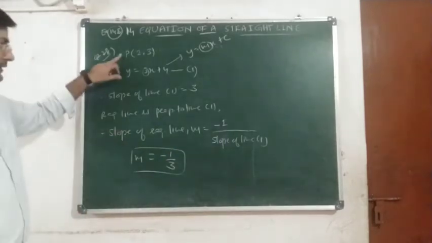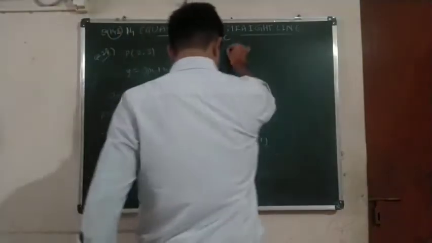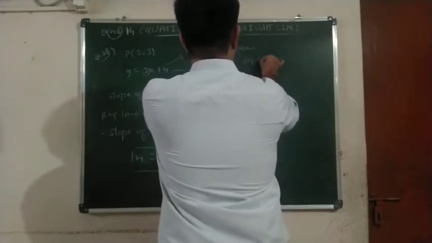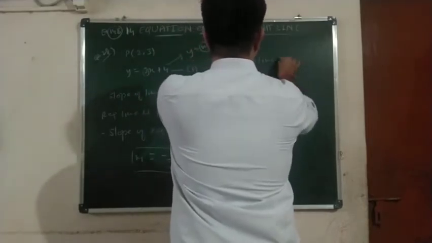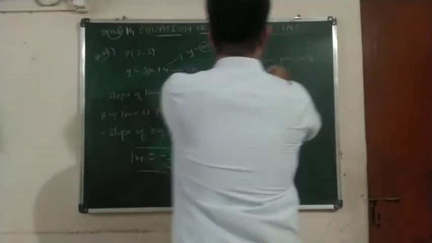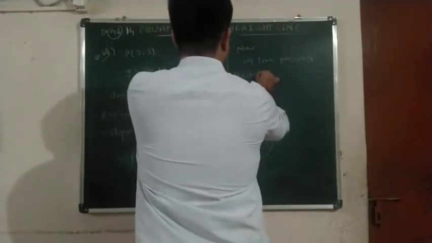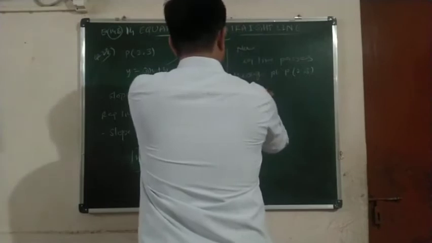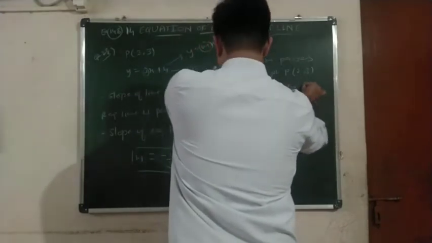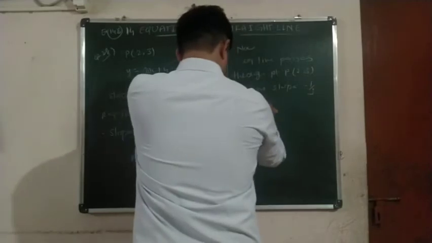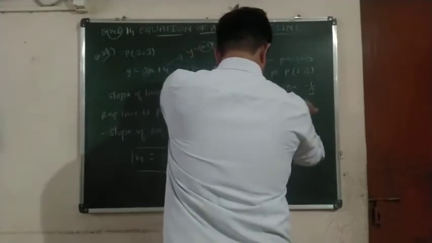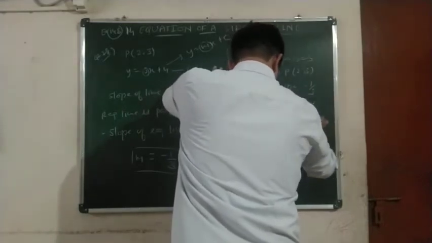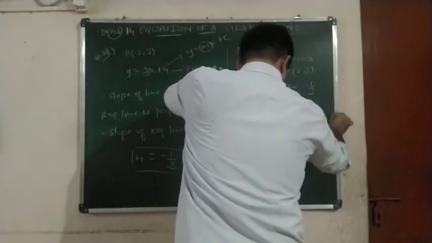Now the required line passes through point P(2, 3) and has slope minus 1 by 3, and therefore the equation of the required line will be y minus y1 is equal to m into (x minus x1).